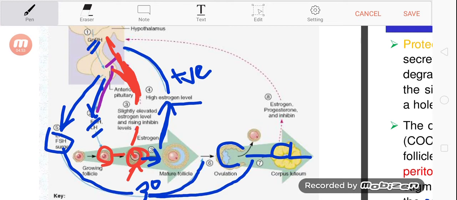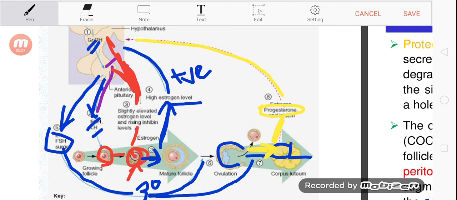Once the LH surge transforms the remaining follicles into corpus luteum, this corpus luteum will continue to secrete estrogen and progesterone, the steroid hormones. The dominant one is progesterone, estrogen is low level, and also inhibin.